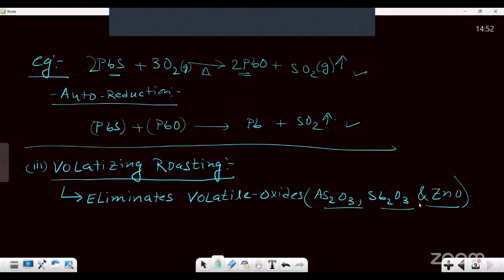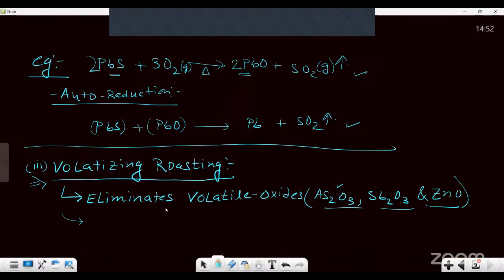So such oxides are basically eliminated. So the inflow of oxygen should be carefully controlled here because this volatilizing roasting is very critical. Why? Because if you are not controlling the inflow of oxygen and if you are providing more oxygen, then these volatile oxides can get converted to higher oxides, and higher oxides may not be volatile.